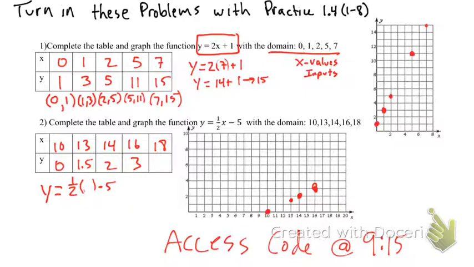Half of 18 is 9. 9 minus 5, we get 4. So we have 18 comma 4. And that is our graph there. So just a reminder, this is your domain, this is your range, and this is your function.